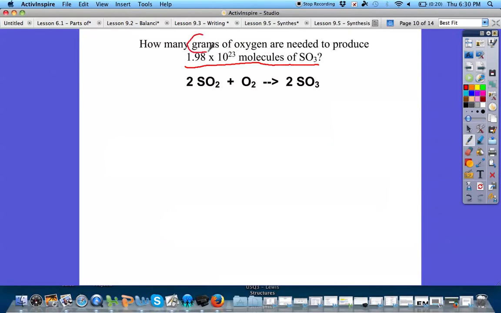And you want to find grams of oxygen. So we're going to start with 1.98 times 10 to the 23rd molecules of SO3.